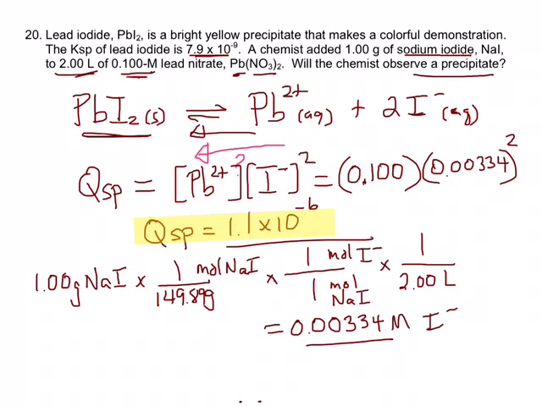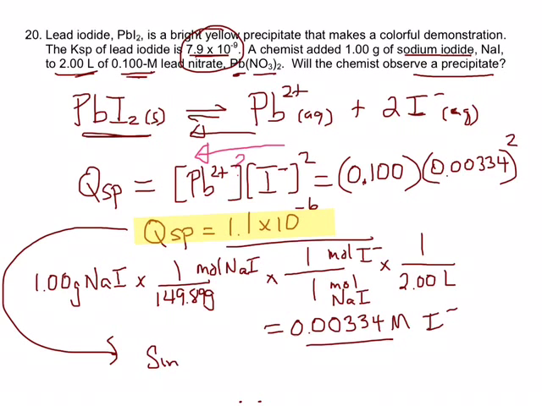Now the question was, will the precipitate form? Will we observe this precipitate forming? And we agreed that if Q is bigger than K, then yes, you'll see a precipitate. So we can say here, down at the bottom perhaps, notice that KSP is 10 to the minus 9, QSP is 10 to the minus 6.